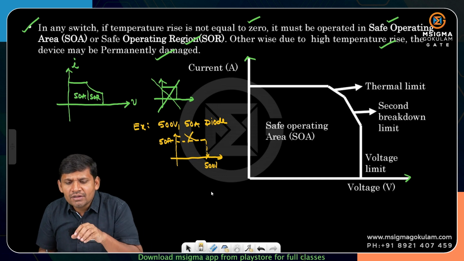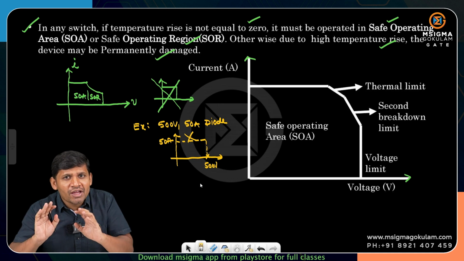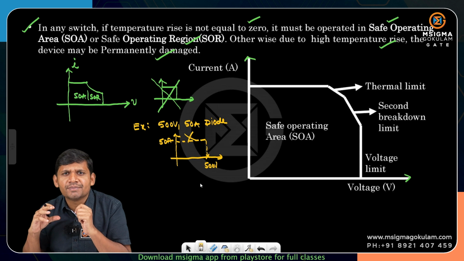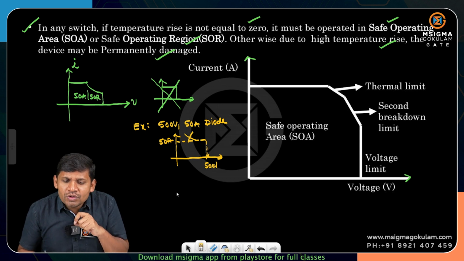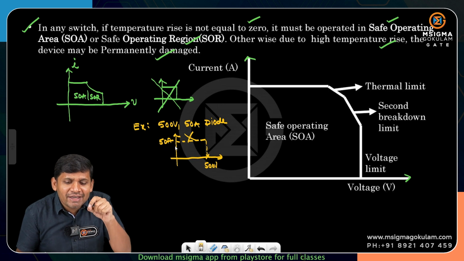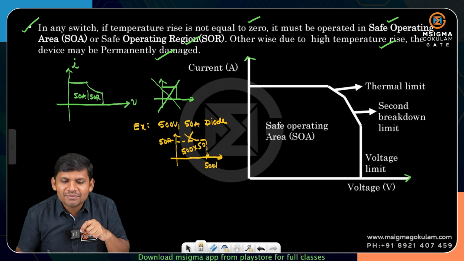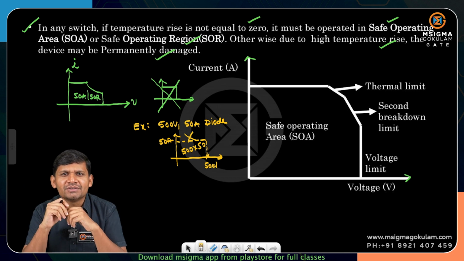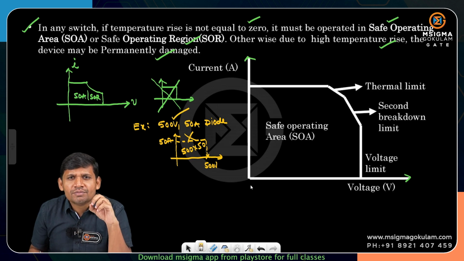I am not talking about the supply, I am talking about the voltage across the device and the current through the device. If the voltage across the diode is 500 volts and the current is 50 amperes, what is the power loss? 500 into 50, 25 kilowatts. The device is permanently damaged. That is meaningless. Then what is the meaning of 500 volts?